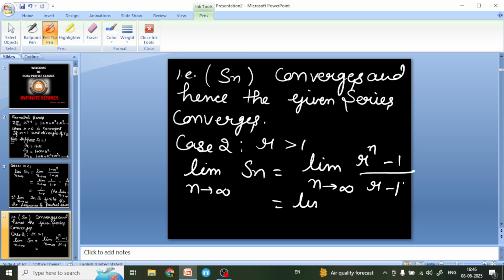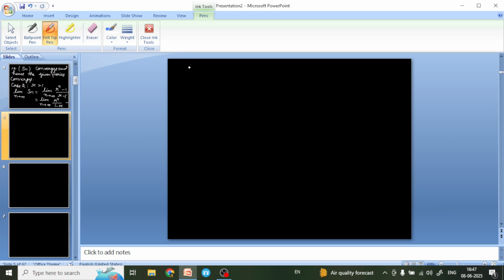Now take the limit separately: limit n to infinity of r raised to power n over r minus 1, minus 1 over r minus 1, as r raised to power n goes to infinity when r is greater than 1.